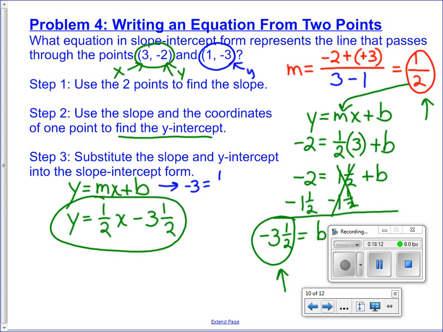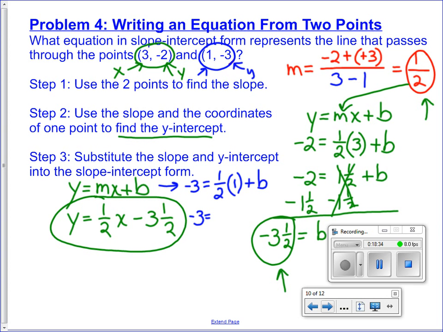My slope is 1/2. My x here is 1. And then I want to look for my y-intercept. And if I get negative 3.5, then we have the same equation, and I've proved to you that it doesn't matter which point you pick.